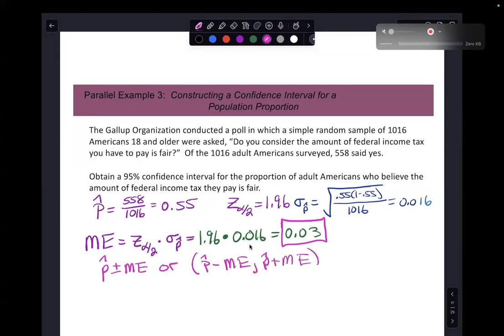These are the two different ways that we represent our confidence interval. So I'll write it both ways here. I have 0.55 plus or minus 0.03, or 0.52, comma, 0.58.